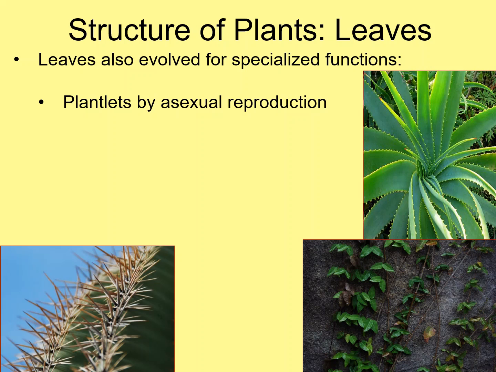Of course, you can have water storage. So the plant on the top right is an aloe plant. And it has that, of course, aloe gel, which has other chemical properties that we enjoy that are nice for sunburns and things like that. But it's also mostly water.